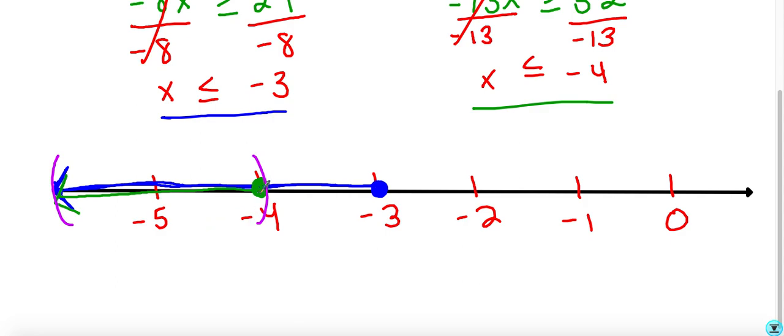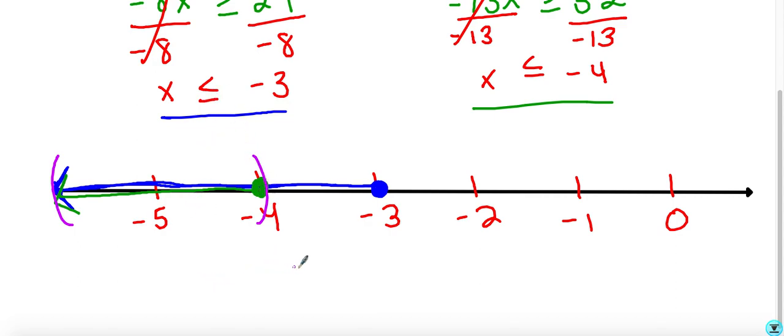from -4 to the left, because anything less than or equal to -4 will be true for both of these statements. Even if we look here, it overlaps with the blue exactly, starting at -4. And because this is a shaded circle at -4, we have to include the equal to.